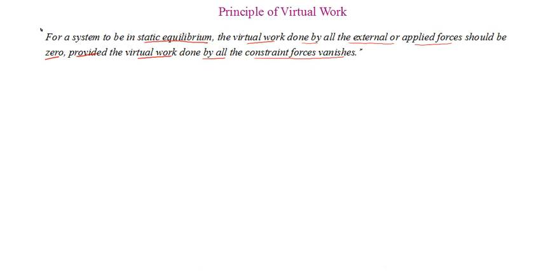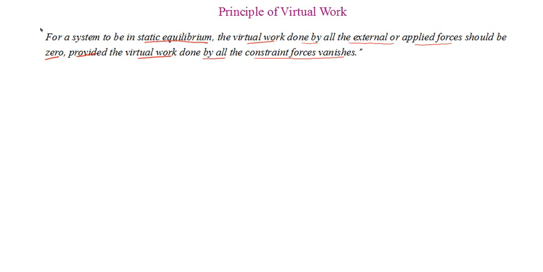Try to digest the statement. It's a conditional principle. What is that? If the virtual work done by all the constraint forces is 0, then the virtual work done by all the external or applied forces should be 0 for a system to be in static equilibrium. Or I can say, what is the significance of the principle of virtual work?